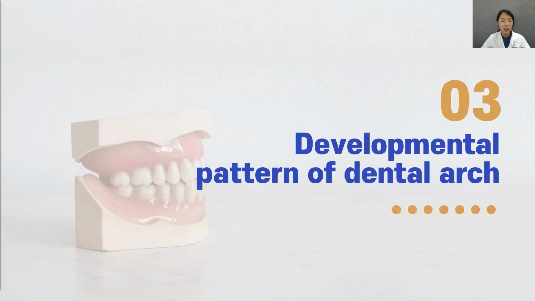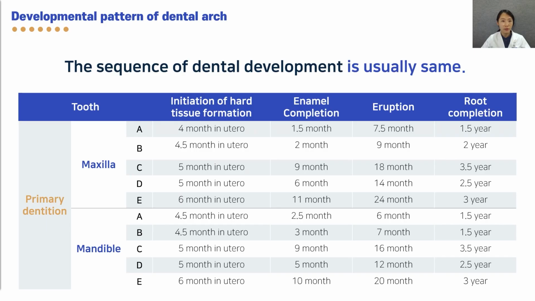Now let's look at the last topic. Usually, the sequence of dental development and eruption is almost the same for everyone. For example, dental hard tissue formation and eruption of mandibular teeth usually precede those of the maxillary teeth.